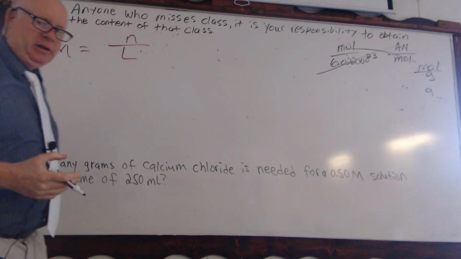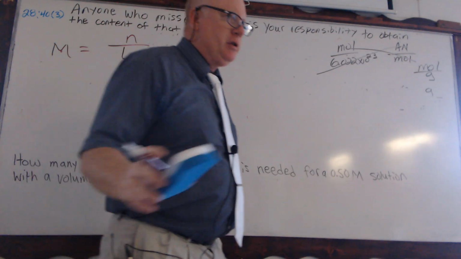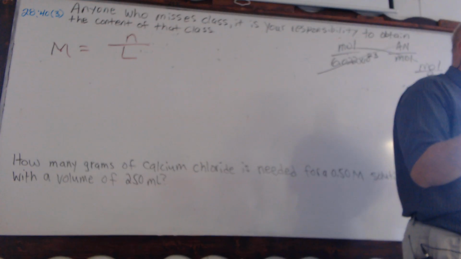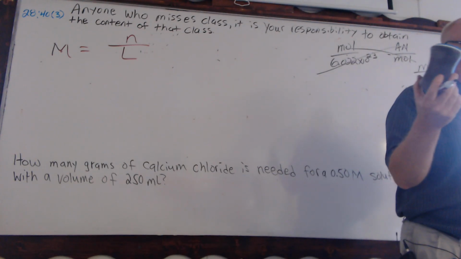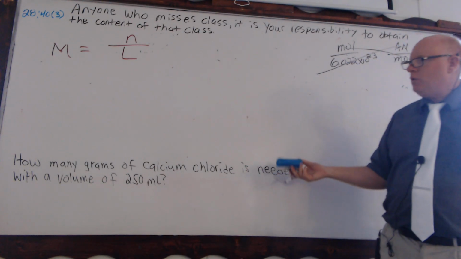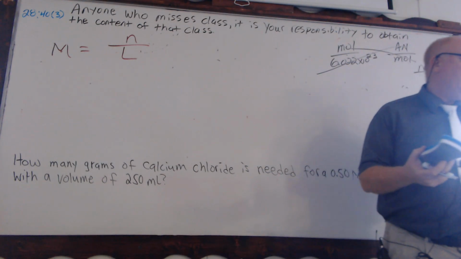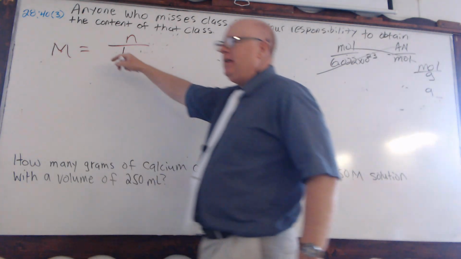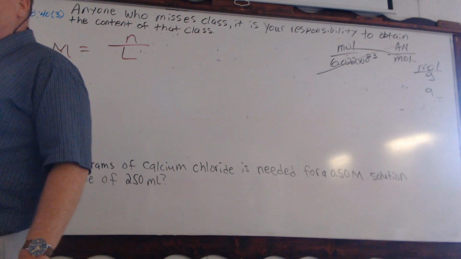And this is something very similar to what some of you who are going to be future nurses are probably going to have to do. You have to dilute a solution down, because how many milliliters are in a liter?